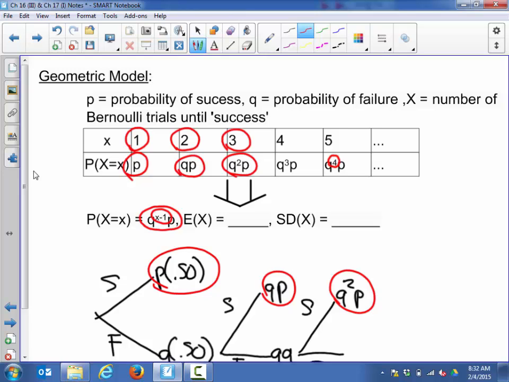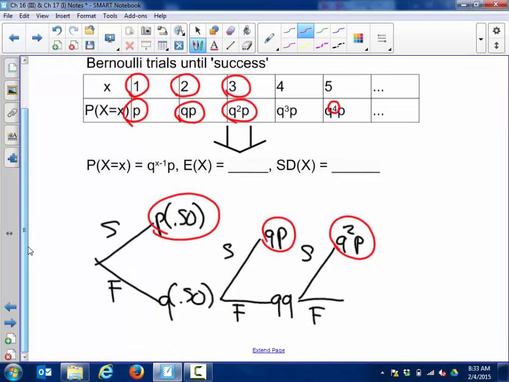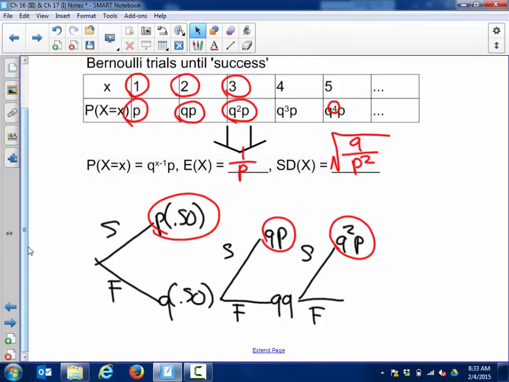It uses an infinite geometric series to do that, but it's kind of an interesting look at how that works. I'm just going to present them to you, partly for the sake of time. The mean is 1 over p. The standard deviation is the square root of q over p squared.